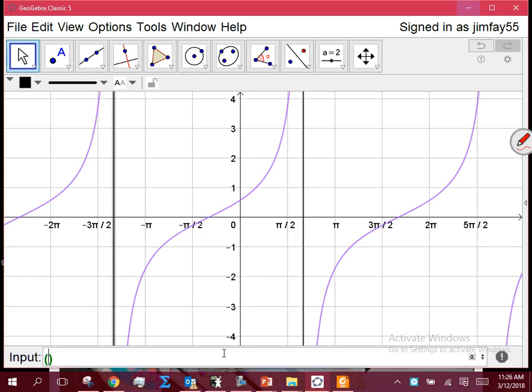So let's see if that point is on there. Negative pi over 3, 0. That point is there. We also had the point that is up here at 1 where my cursor is. That should have been, I think we had pi over 6, comma 1. So that falls on the curve. And we also had negative 5 pi over 6, comma negative 1.